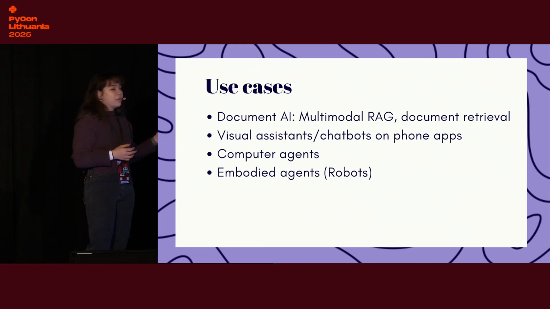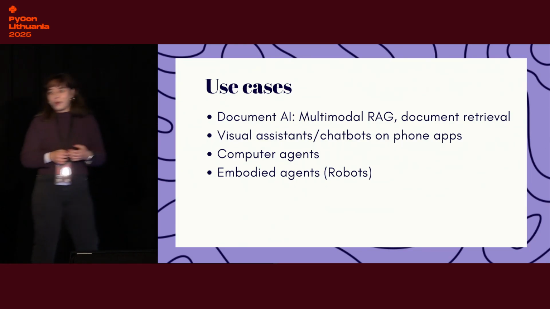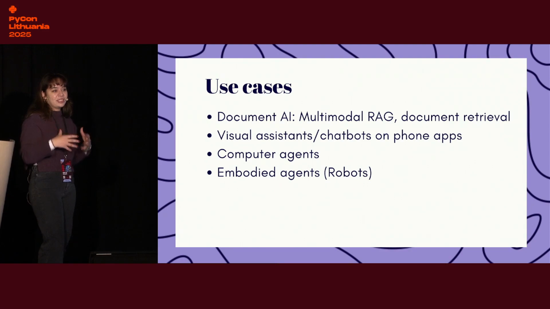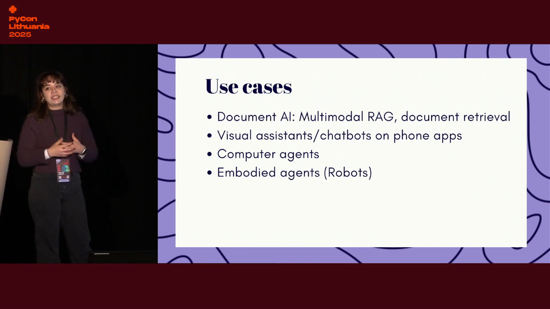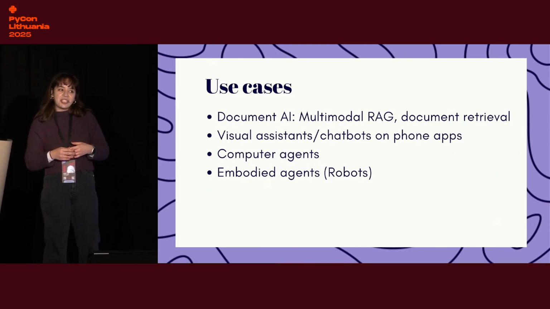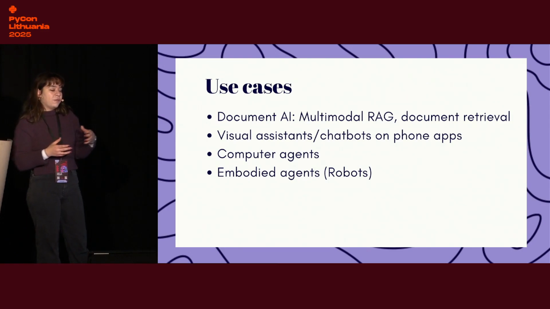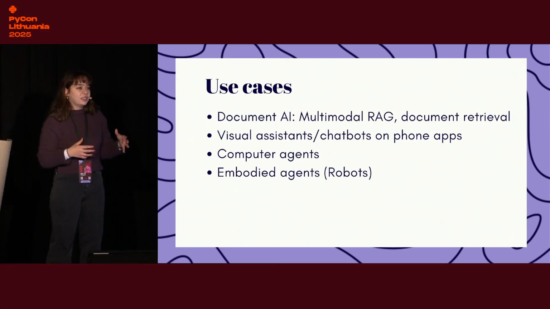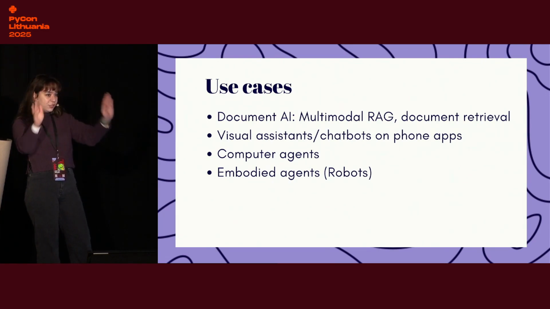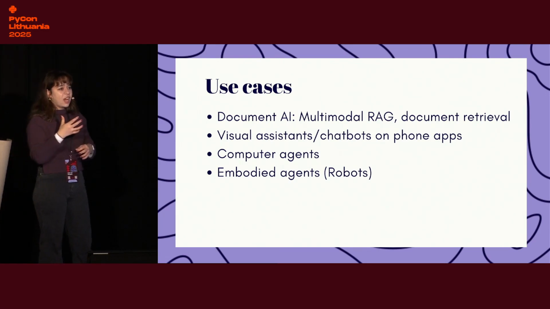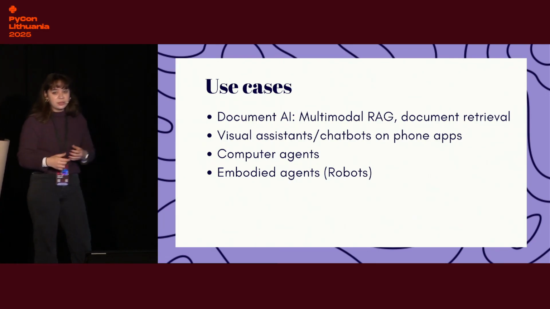And there are embodied agents, aka robots, which are currently being developed as well, and they are called vision language action models, because you have vision and language input, like an instruction to the model, and the robot has the vision, and it does the action that you want it to do.